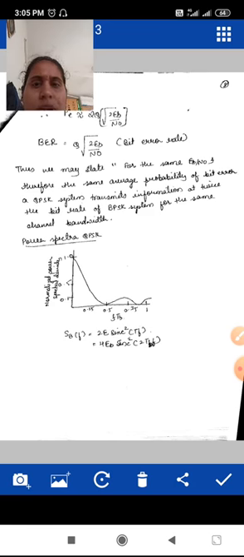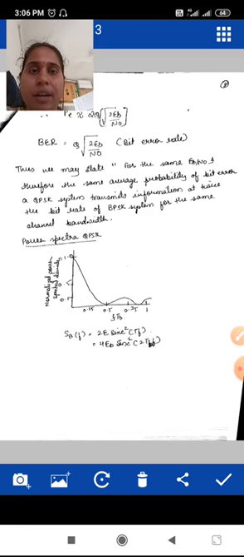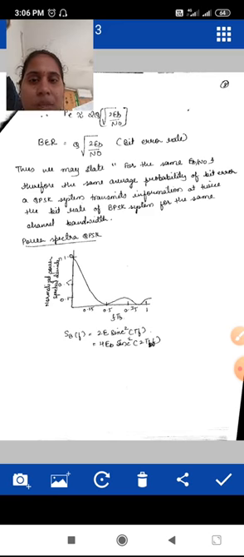We can say that the bit error rate of QPSK is the same as that of BPSK, but the channel bandwidth is saved in QPSK, because we are transmitting 2 bits at a time. So in a time duration of T seconds, we are transmitting 2 bits. This is the power spectra of the QPSK signal.